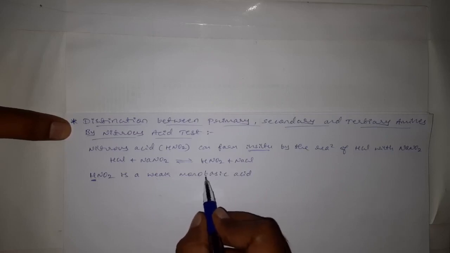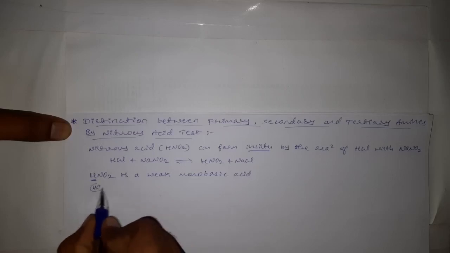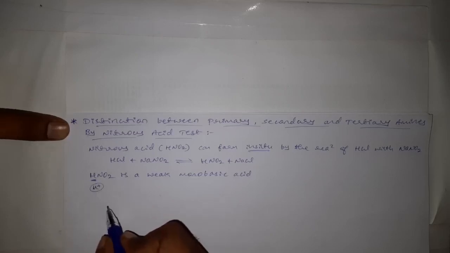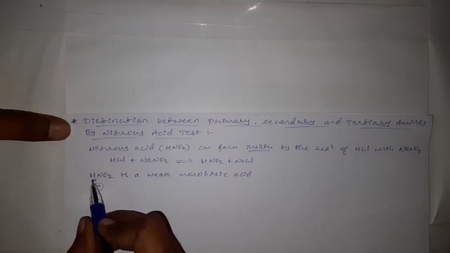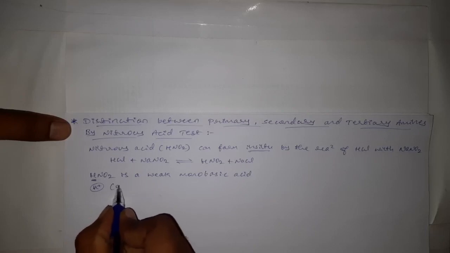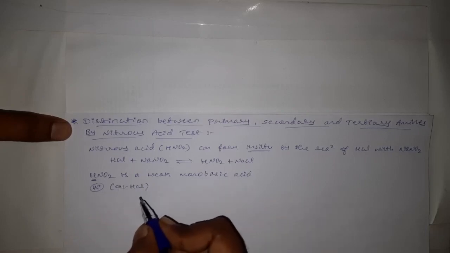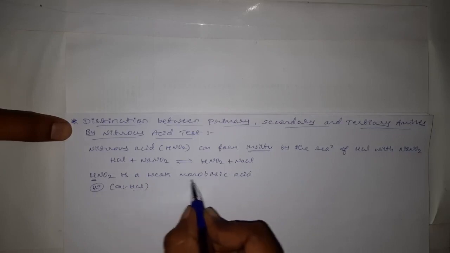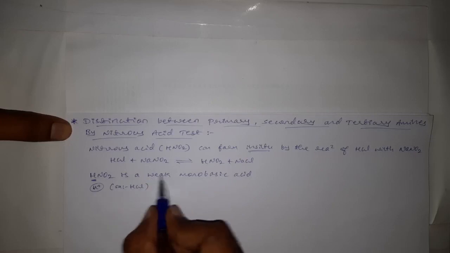Whenever it undergoes an acid base reaction, it has the capacity to donate only one H plus ion, hydrogen ion, and it has only one replaceable hydrogen atom. Like this we can write examples for monobasic acids. HCl, but this HCl is a strong monobasic acid. It can easily give H plus, but HNO2 is a weak monobasic acid.